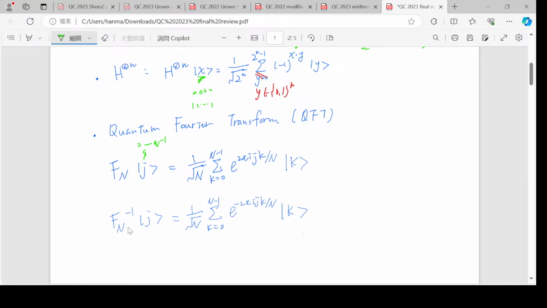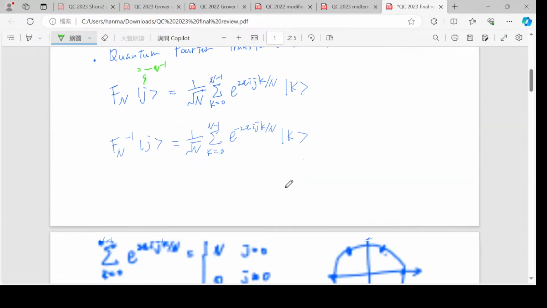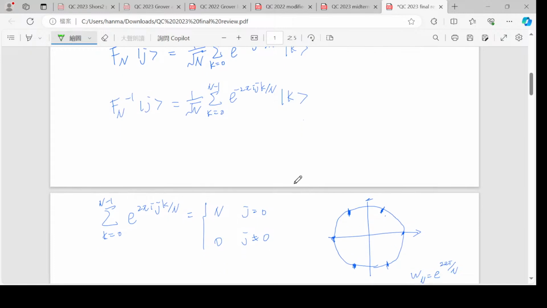For example, a nice form of its inverse. The inverse is just that you take a minus sign here. Also, a good property that you use a lot when you calculate the Fourier transform: how you derive this is that you notice those coefficients, when added together, a lot of the time sum to 0.